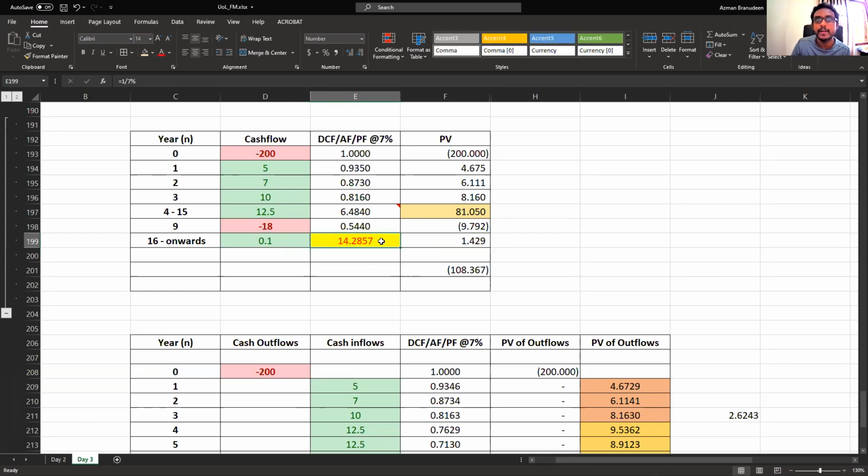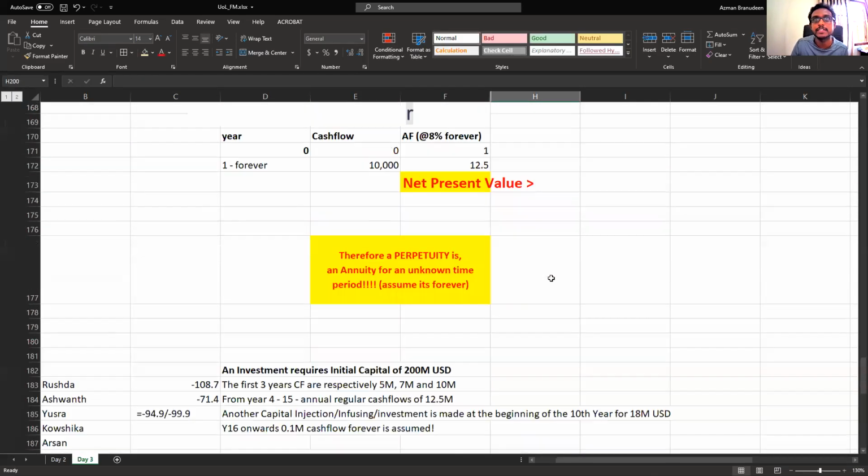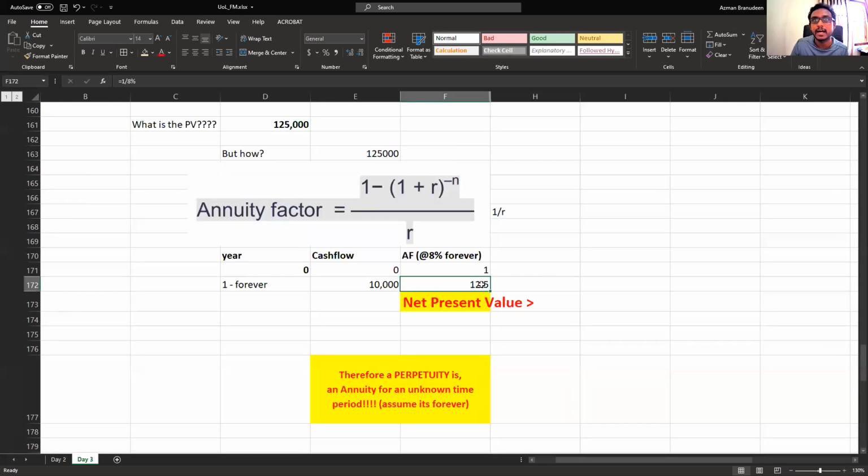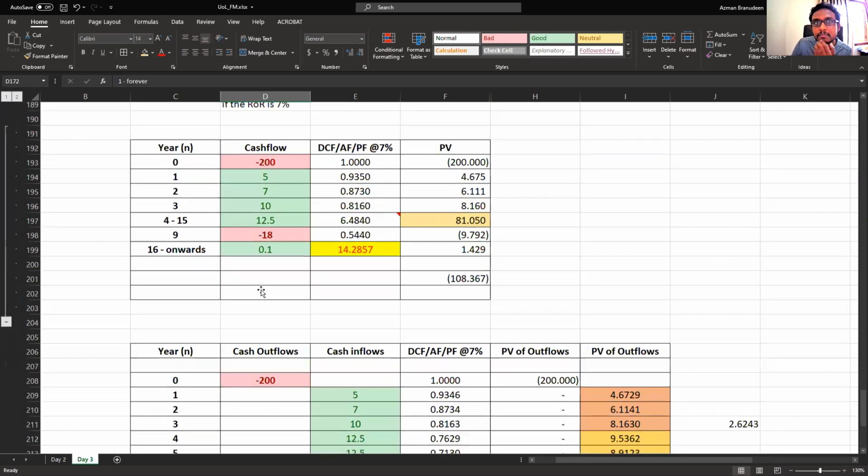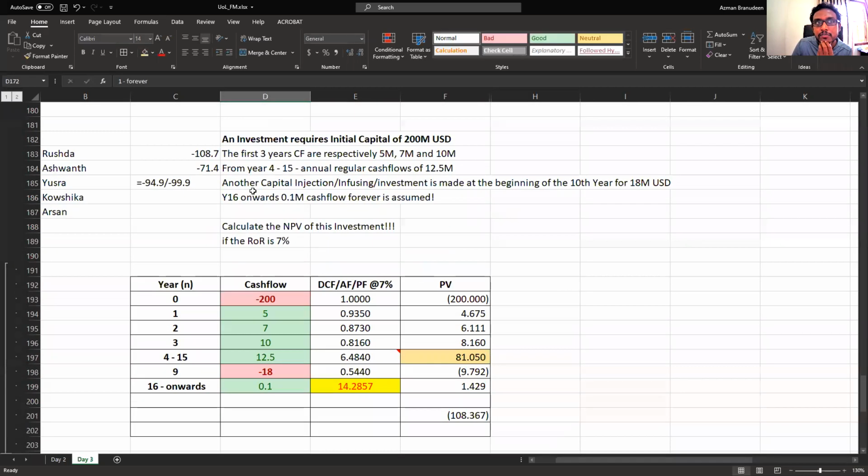Okay. Now, if I use 1 over R, like what I have done here, perpetuity factor, 1 divided by R. What is the time period I'm thinking? 1 to forever. But this sum I gave you, is it 1 to forever? No, it's 16 to forever.